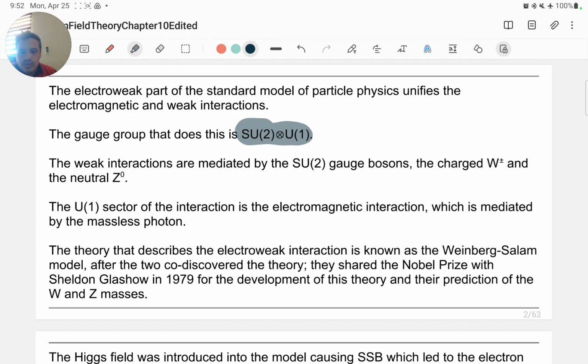But in SU(2) your mediating particles are massive, and these are the positive and negative W bosons and the Z boson. They behave like the photon, but they're massive, and they are only exchanged at short range, which is very unlike the photon, which can be exchanged even at very large distances.